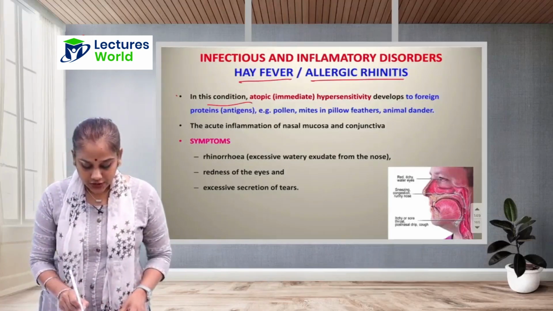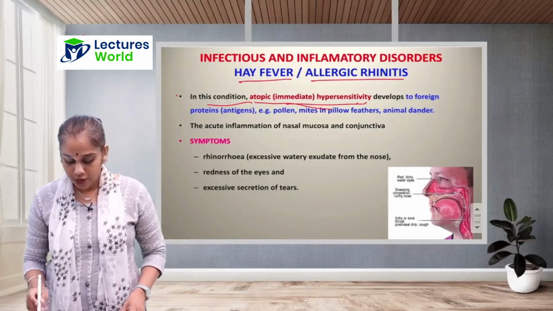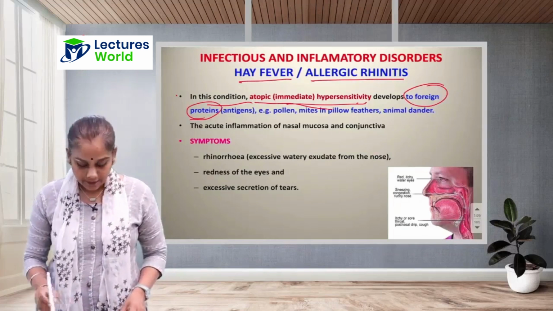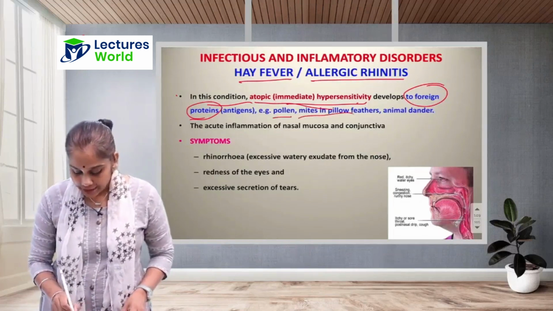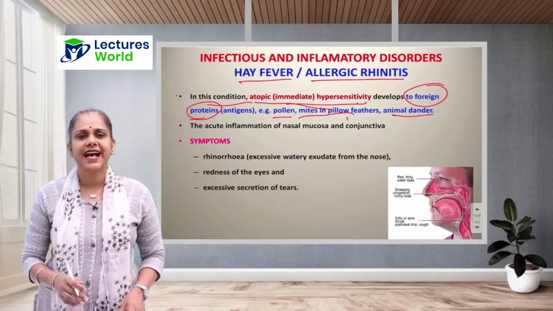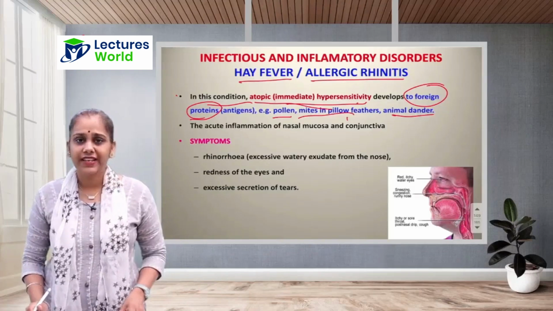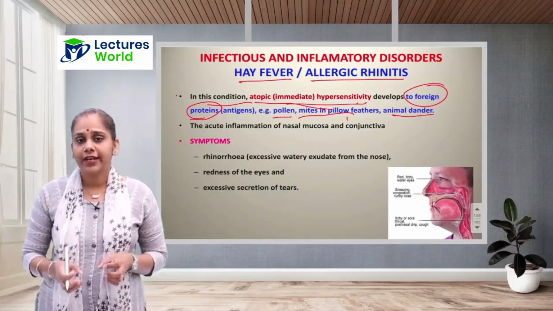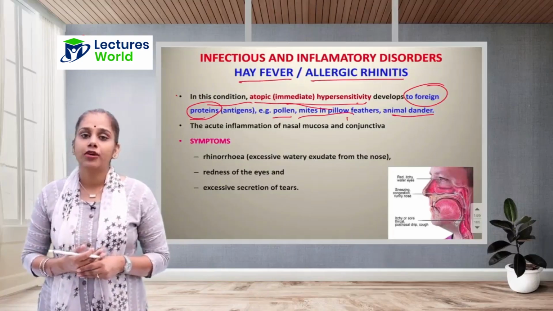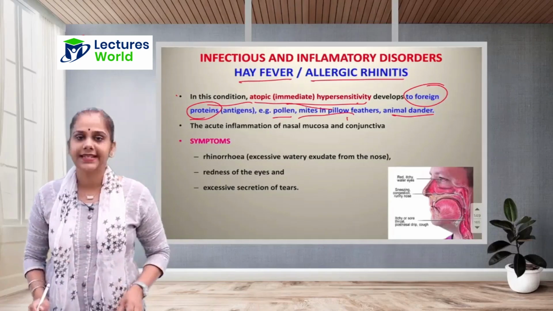This condition means atopic or immediate hypersensitivity developed due to foreign proteins, or antigens, like pollen, mites from the pillow, feathers, animal dander, or dust. So foreign particles or pathogens enter the nose and cause an allergic reaction. That is known as hay fever or allergic rhinitis.